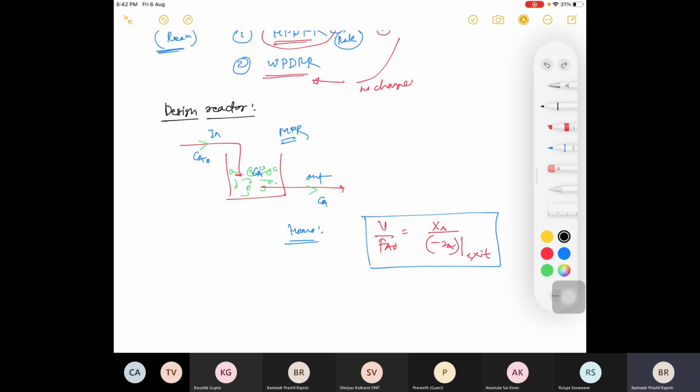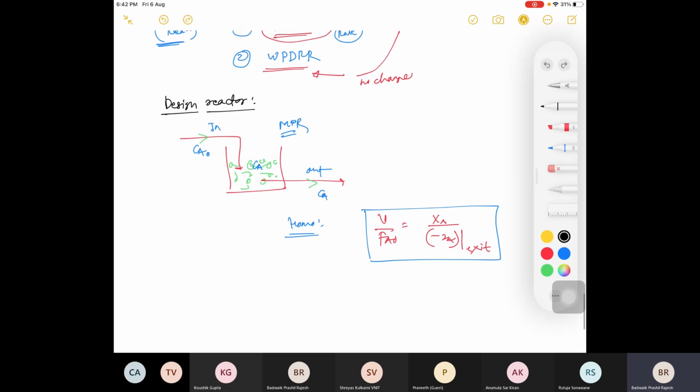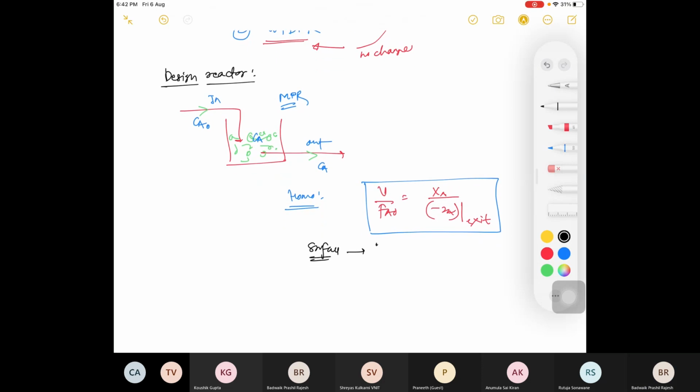Wait, it should not be dash. It is as it is. But whenever I'm writing based on surface area, I'll have double dash, and whenever I'm writing based on weight of catalyst, I'll have dash. So there is nomenclature. You can follow any one, or there is no need to follow. But a standard definition is there for different rates.